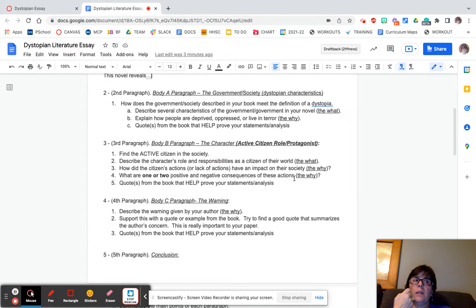Like obviously Equality was the active citizen in Anthem. And then you can talk about the citizens' actions or lack of actions that have an impact on the society. And then what are one or two positive and negative consequences of these actions? And then again, quotes from the book.